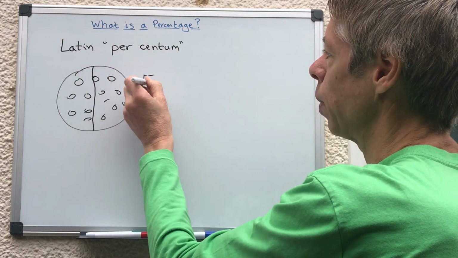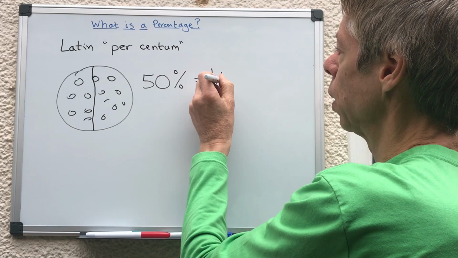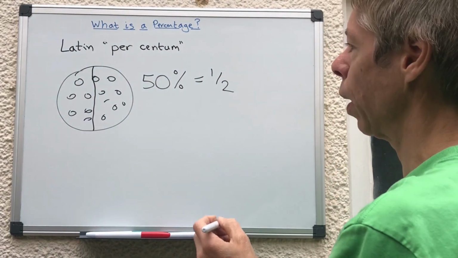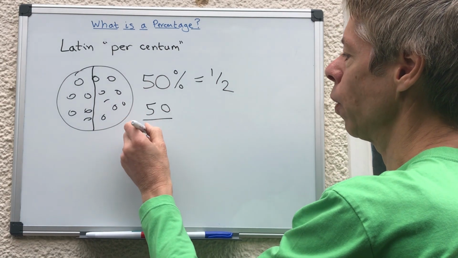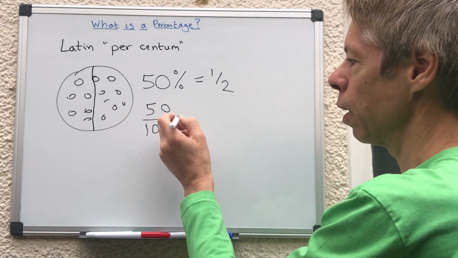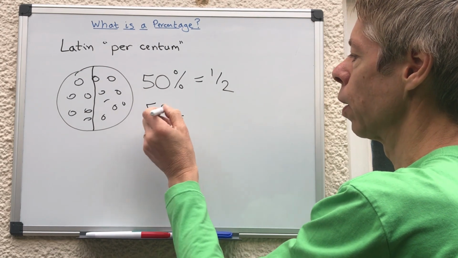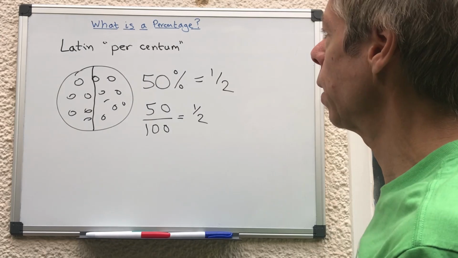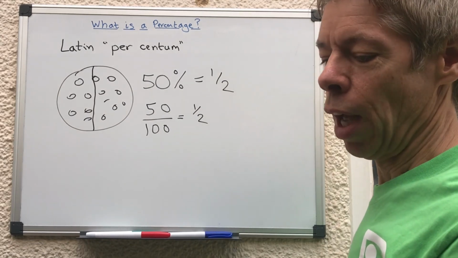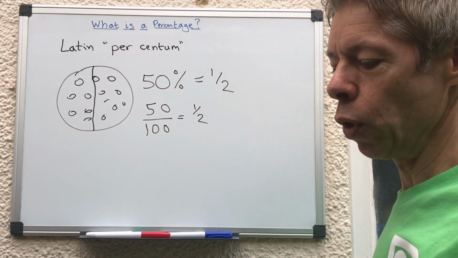So 50% equals a half, because it's 50 out of 100, and if you know how to simplify fractions, obviously you'll end up with 1/2.